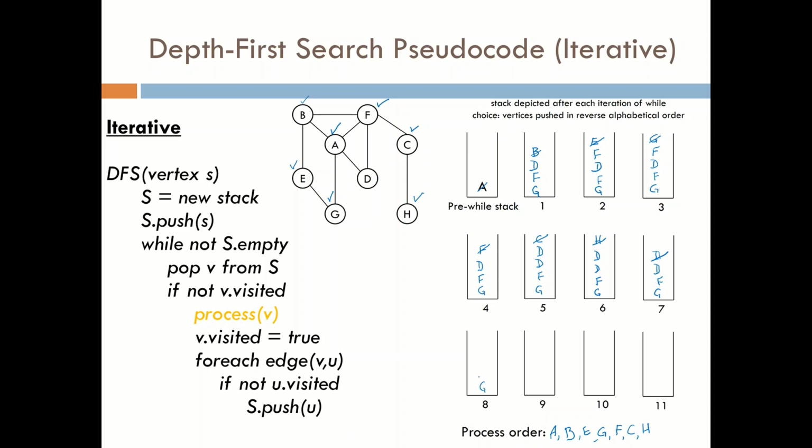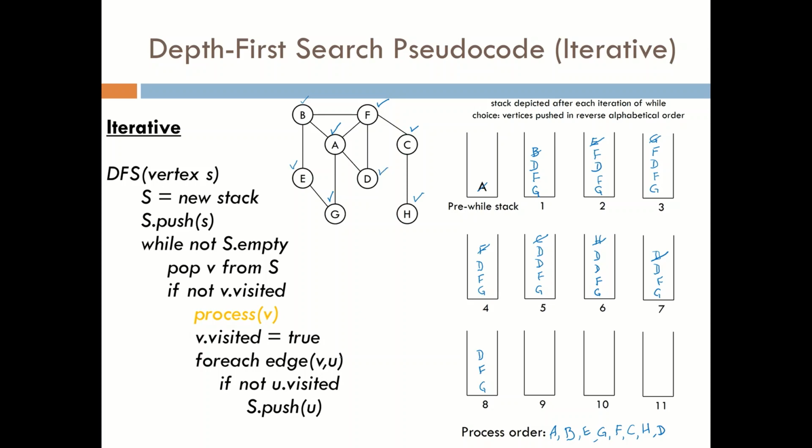We will now pop off this first ugly D and redraw our stack. So there's G and F, and now there's only one D left. We look at D. D has not been visited, so we process D, and we mark D as visited.